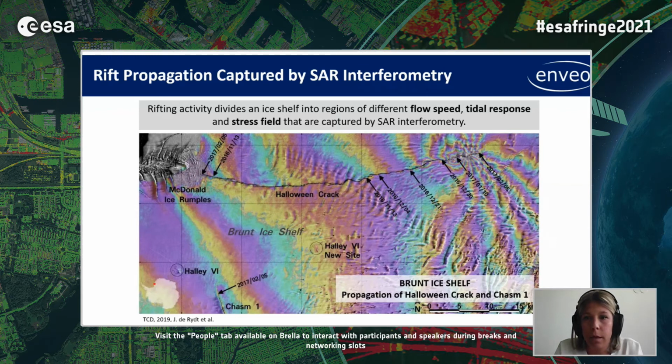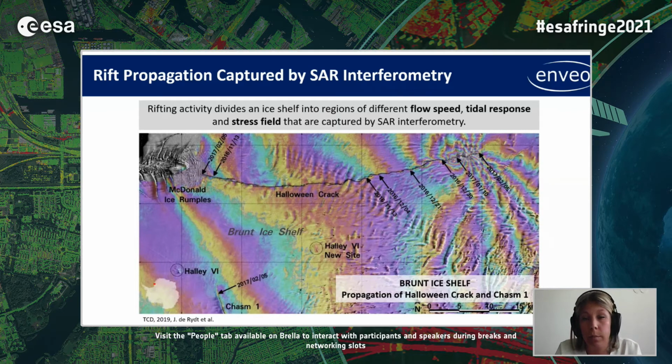With InSAR, we can see the very small-scale changes that are introduced by the propagation of the cracks. By definition, we know that an active crack has different flow velocity on both sides, so this causes a discontinuity in the interferogram.